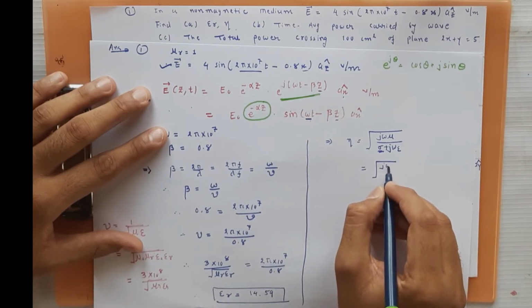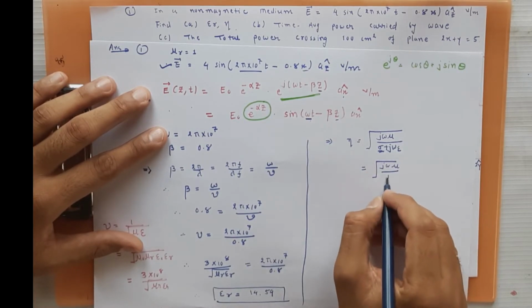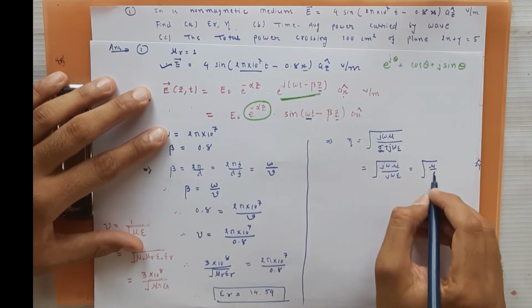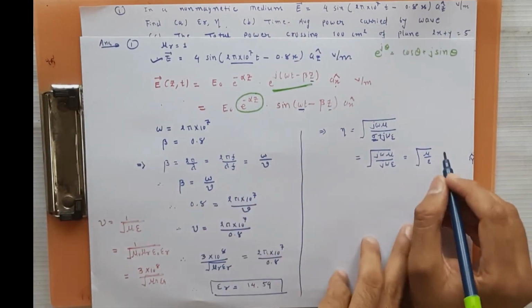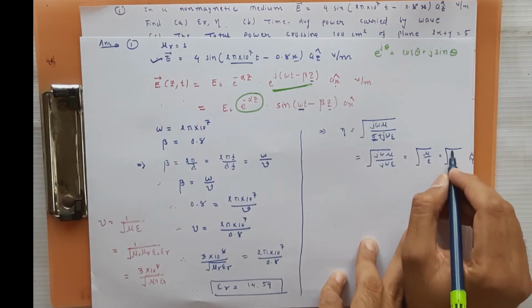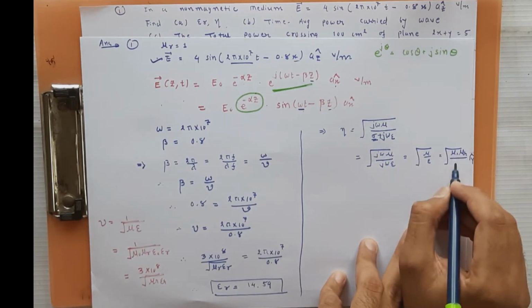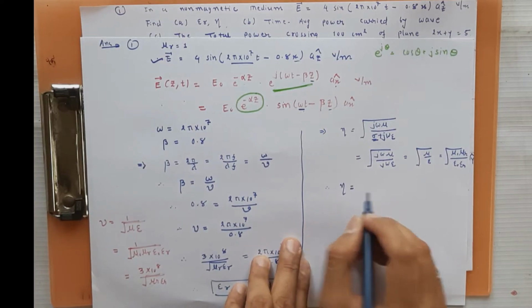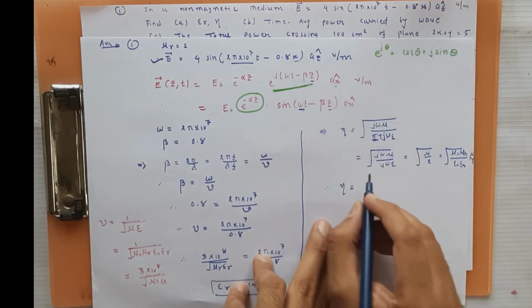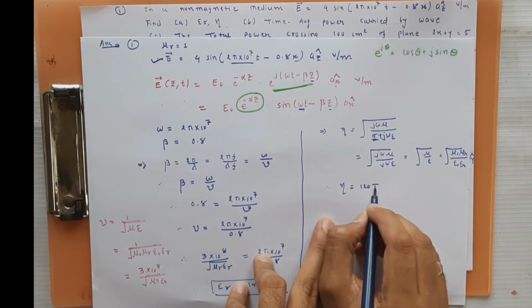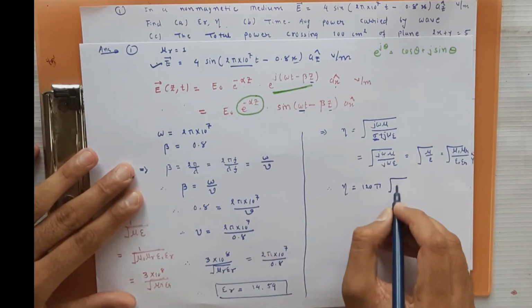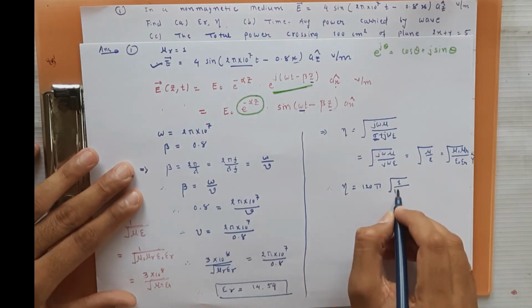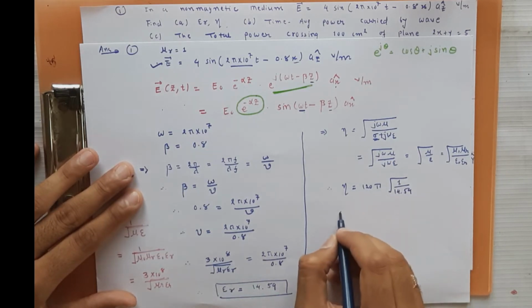So it is j omega mu, conductivity is 0, j omega epsilon, so it is only mu by epsilon. Mu is mu 0 mu r, epsilon is epsilon 0 epsilon r. So eta, if I put the values of mu 0 and epsilon 0, is 120 pi under root of mu r is 1, epsilon r is 14.59.